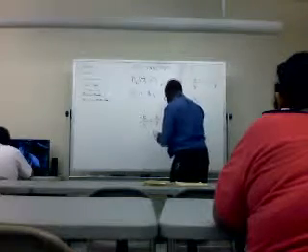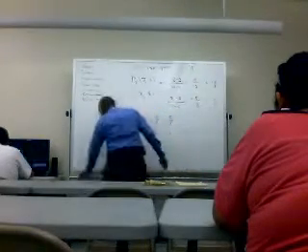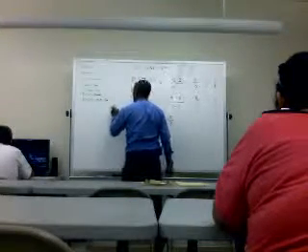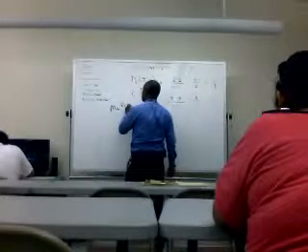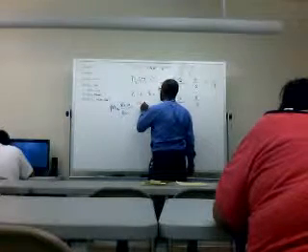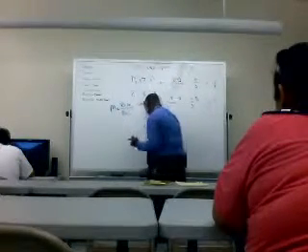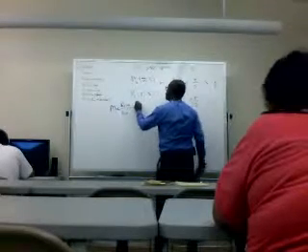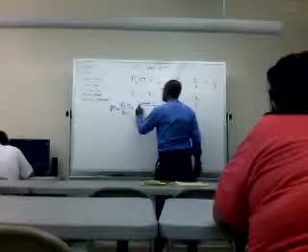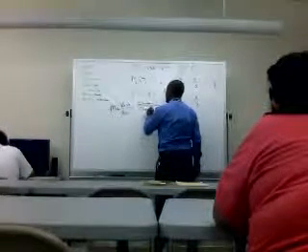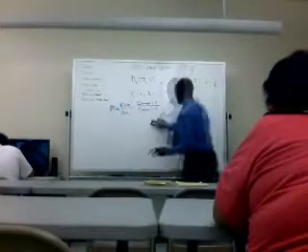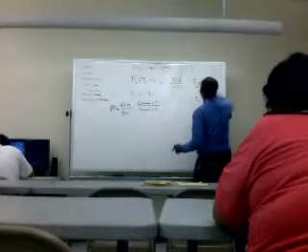So if we look at what a slope is, it's called the rise over the run, or the change in y over the change in x.